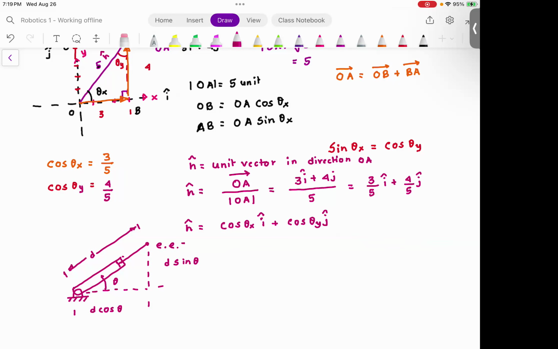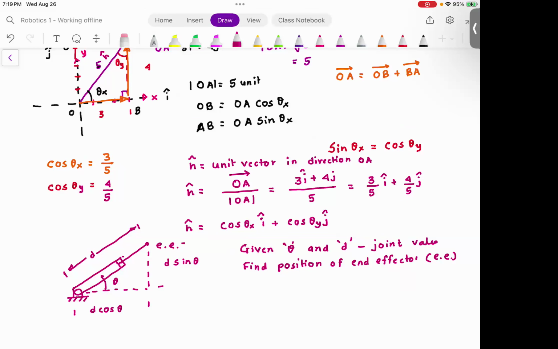And the forward kinematics problem for this robot is: given theta and d, these are nothing but the joint parameters or joint values, find the position of the end effector, or EE.